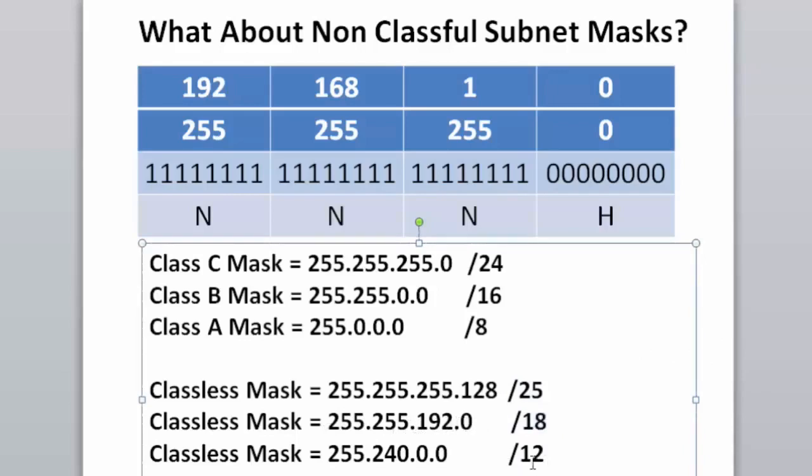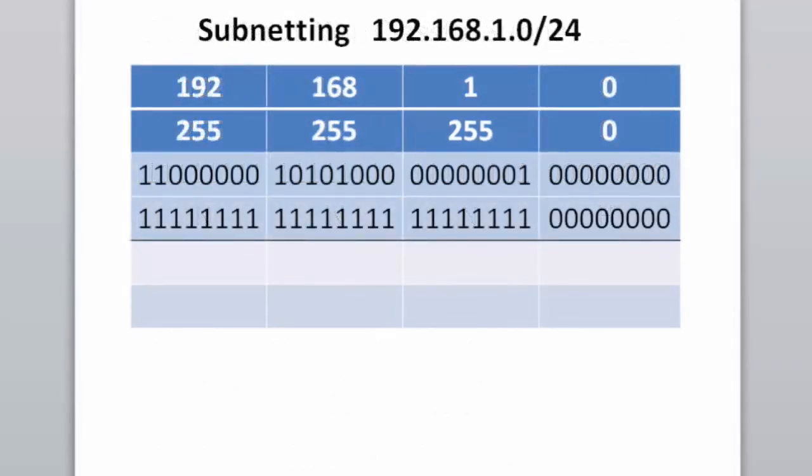Or for that matter, a /12 subnet mask, 255.240.0.0. How does that work, and how does that change the networks that are created by the combination of the IP address and the subnet mask? This is called subnetting. I'll explain it using an example scenario.